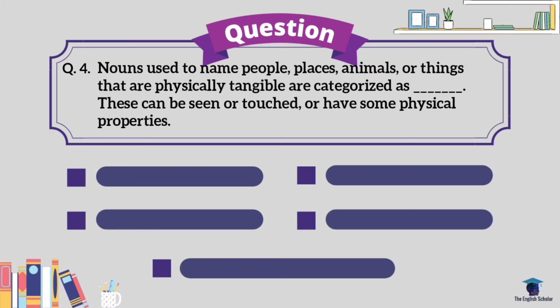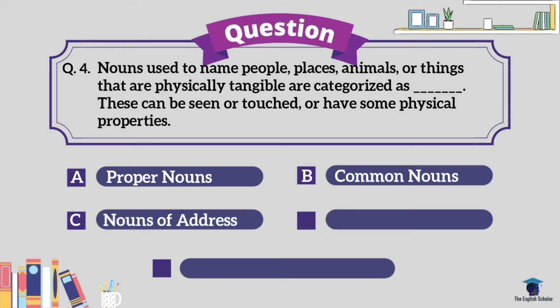4. Nouns used to name people, places, animals, or things that are physically tangible are categorized as blank. These can be seen or touched, or have some physical properties. A. Proper nouns, B. Common nouns, C. Nouns of address, D. Abstract nouns, E. Concrete nouns.